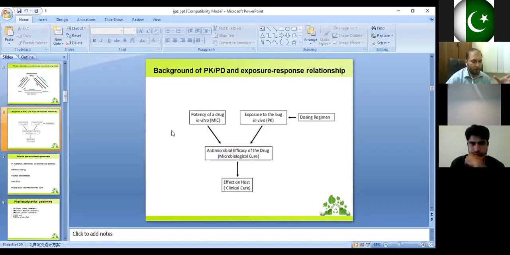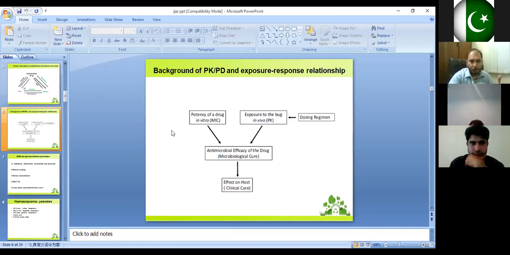For potency, mostly we are using the MIC, minimum inhibitory concentration, from last so many decades. Nowadays we are also using minimum bactericidal concentration, I'm coming toward it, and also mutant prevention concentration. So these are the parameters which are used to measure the efficacy of antimicrobial drug.